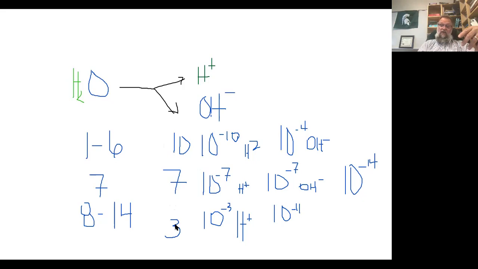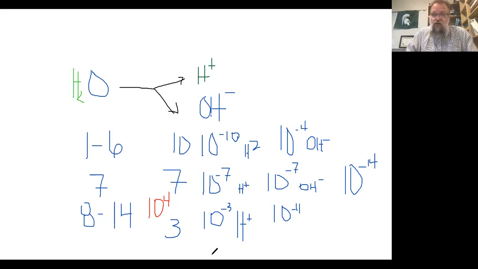So if I go from 7 to 3, that is a 10 to the 4th change. pH 3 is 10,000 times more acidic than neutral. That's why very, very few things are going to live in a pH 3 environment. In most rivers and streams, if you drop down below 5, you're going to kill pretty much everything in the river or stream.